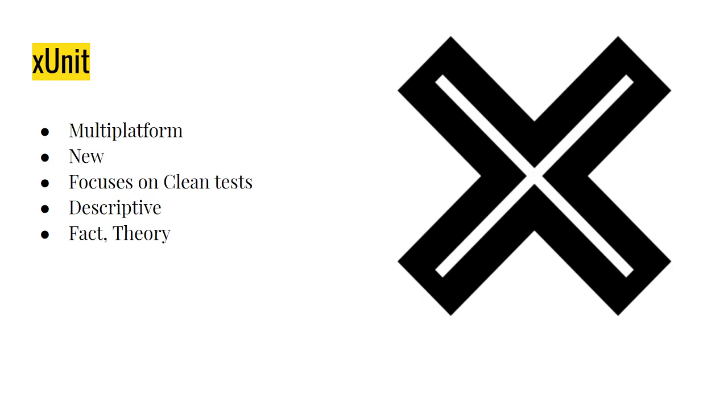A fact is a test that doesn't require input. I mean, you do something and it will always give you the same result, with the same kind of input or with different input. A theory is something that depends. I mean, I assert if I give this, I expect to get that. If I give this, I expect to get that. So with theories, we have input. With facts, we don't. And XUnit is basically just facts and theories, which is very intuitive to understand.